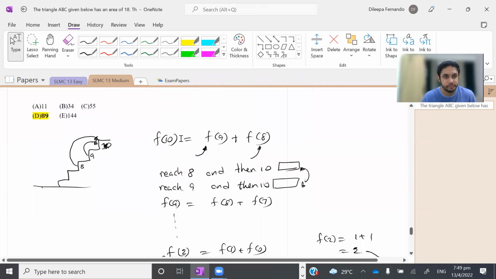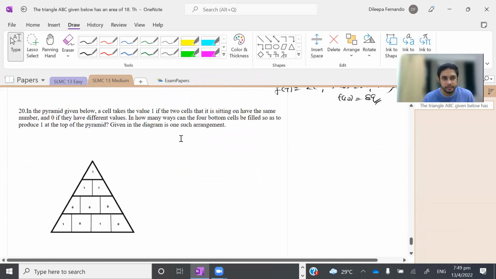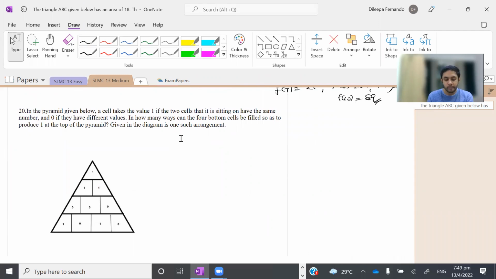Hope this is clear. Now let's move on to the last question in the medium section. In the pyramid given below, a cell takes the value 1 if the two cells that it is sitting on have the same number, and 0 if they have different values.